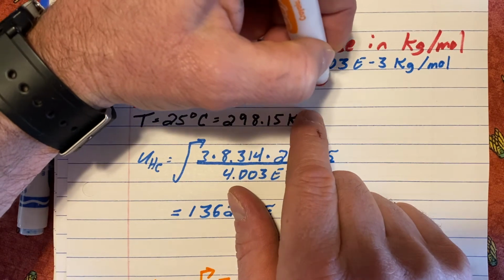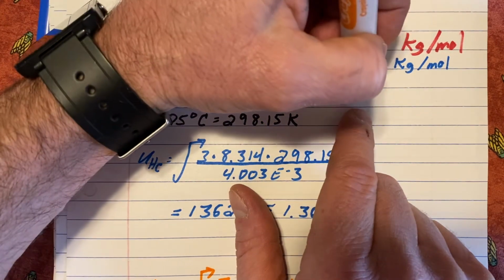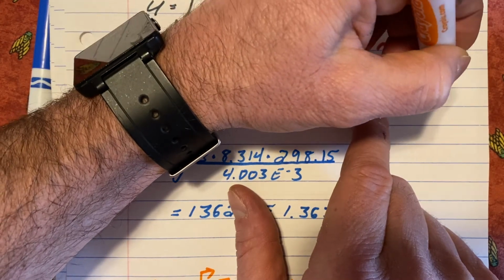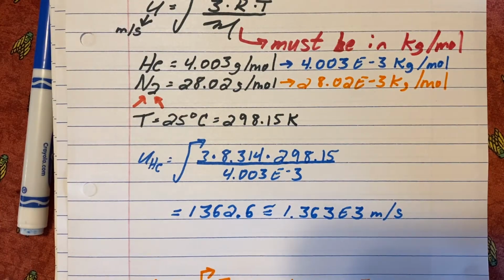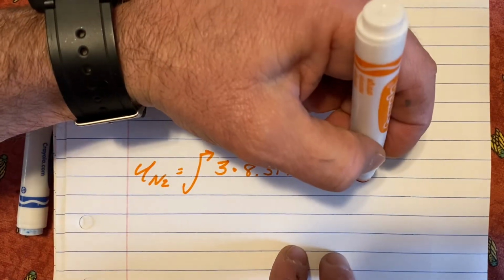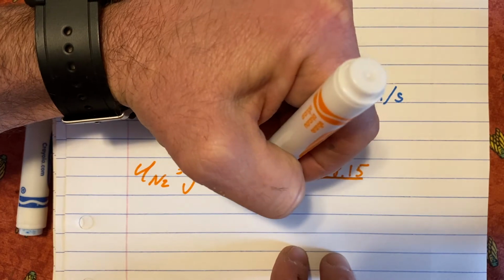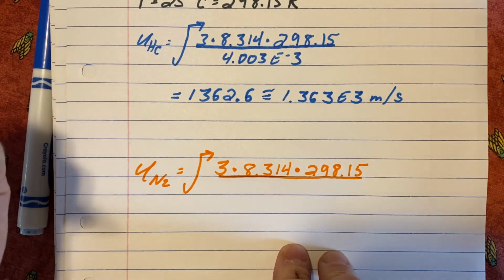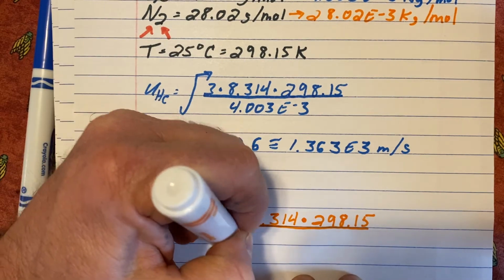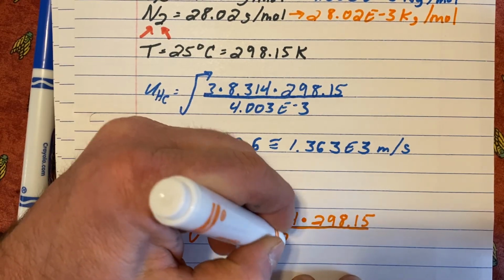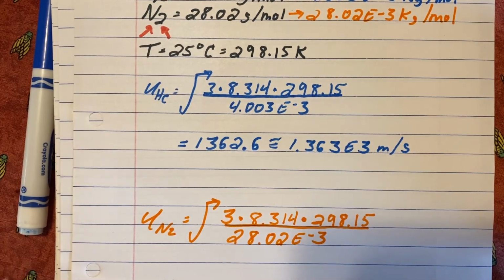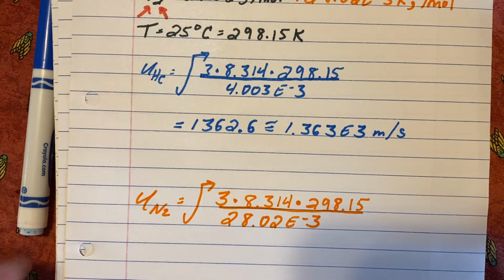I think you know how to do this, which is why we love the metric system. There, I just did my unit conversion. So I'll come back down here to my root mean square calculation. Calculate it, guys.